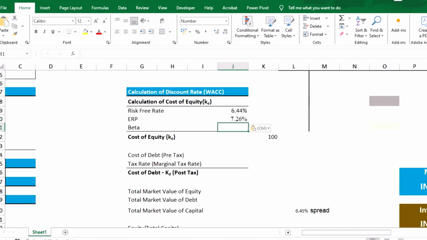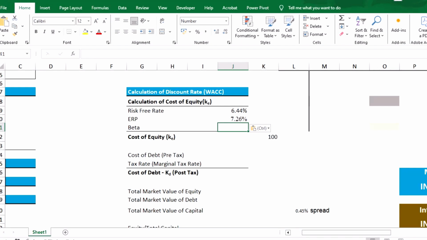Next is beta. So what have we done so far? First, we included the risk-free rate. Secondly, we have included the risk of an investor for investing in equities, but there would be some company-specific risk as well, and that is covered under beta.